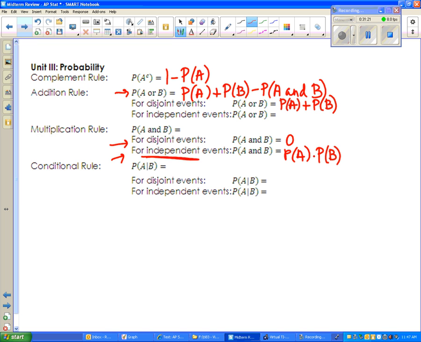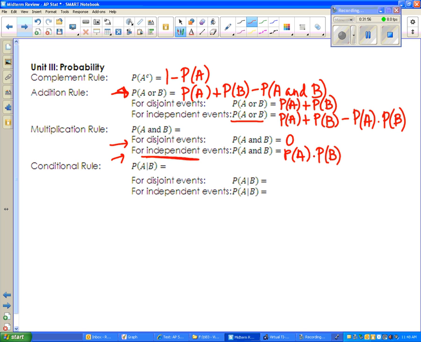The events must be independent to multiply the probability of A times the probability of B. Going back to our addition rule, though, if I know that my events are independent, then that is going to transform my addition rule to be the probability of A plus the probability of B minus the probability of A and B, but if they're independent, that's just going to be the probability of A times the probability of B. So you really do have to check for independence to know which formula to use. And this is something you should be able to reconstruct. I don't expect you to memorize like 16 different formulas.